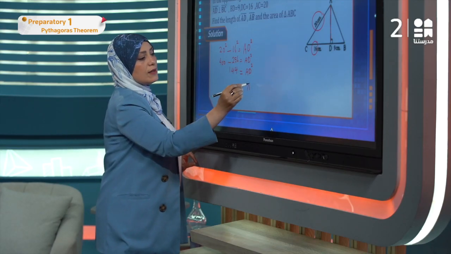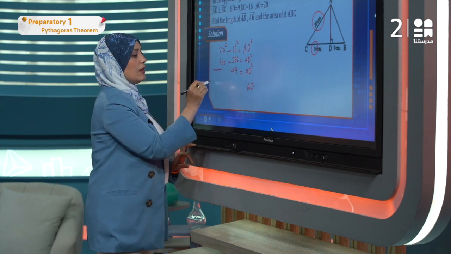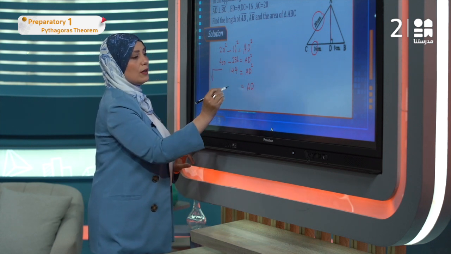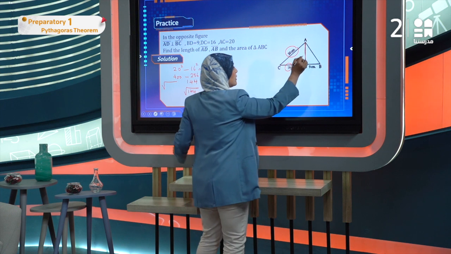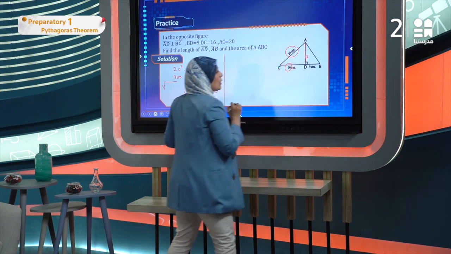So AD equals the square root of 144. So AD equals 12. Why 12? Because 12 times 12 equals 144. That is the first required. So we are going to write here AD equals 12.